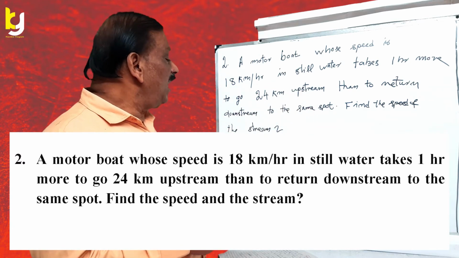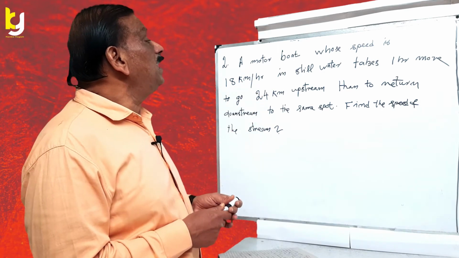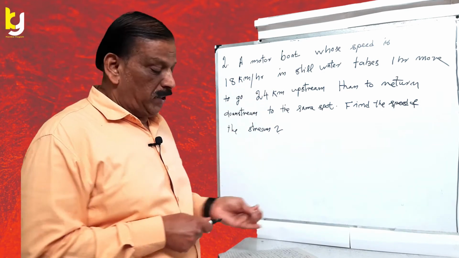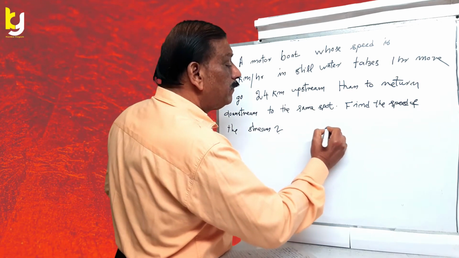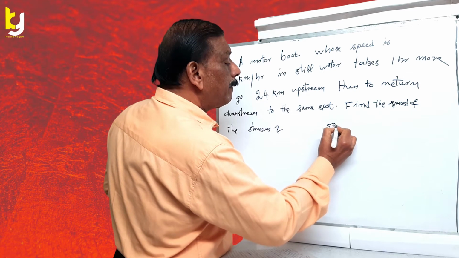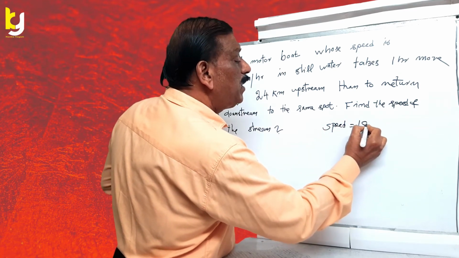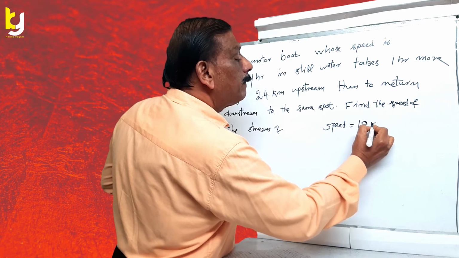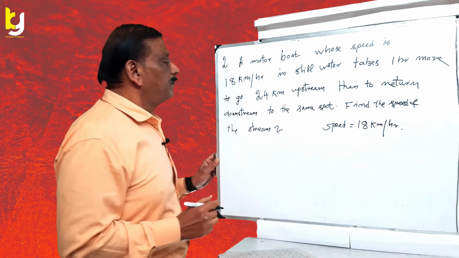Find the speed of the stream. See, first the speed of the boat is given. Speed equals 18 km per hour. That is given.